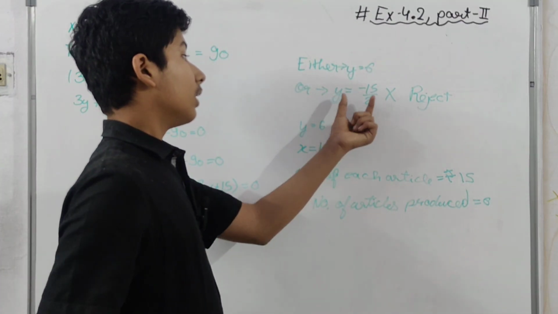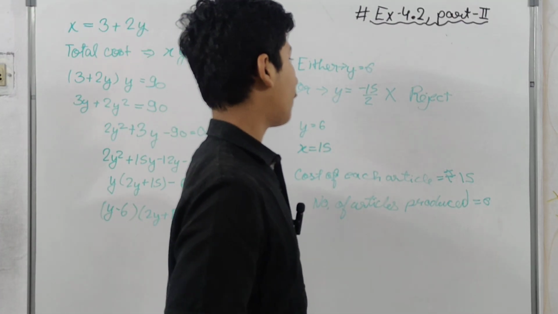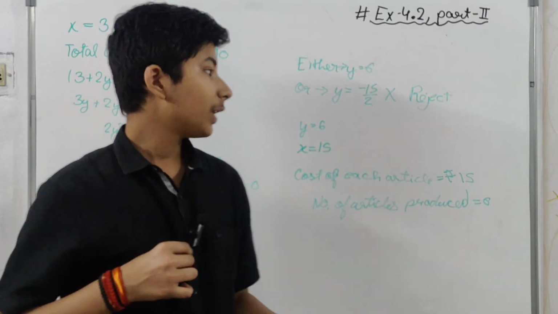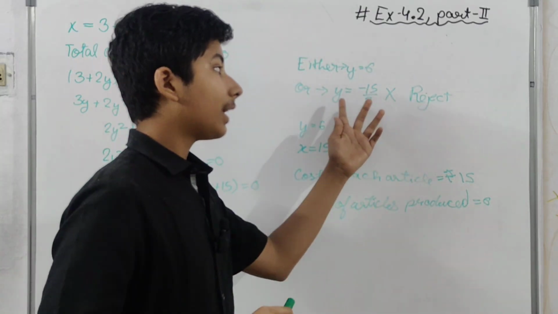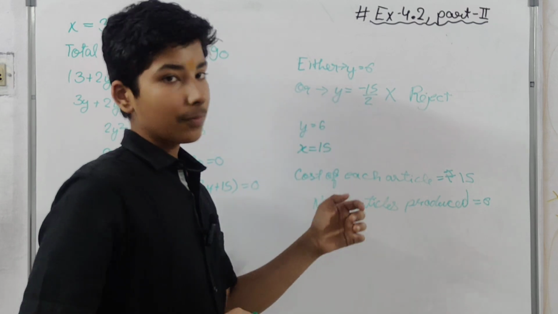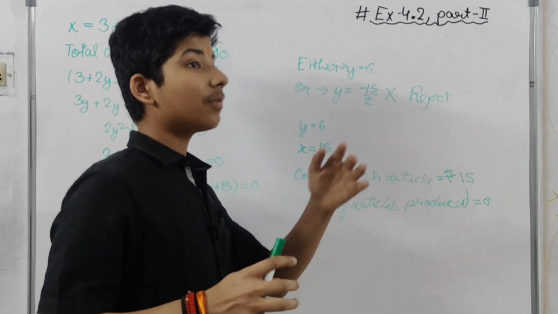And see, here we have found that -15/2 was the number of articles produced. See, the articles can neither be negative nor can they be in fraction.